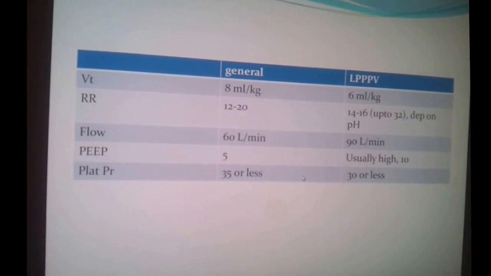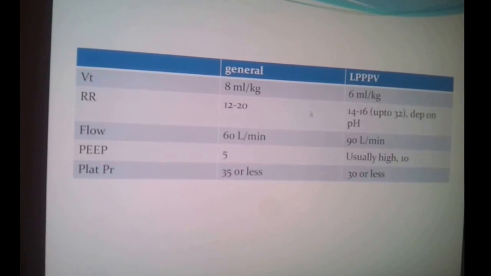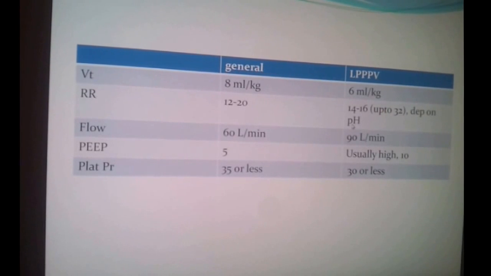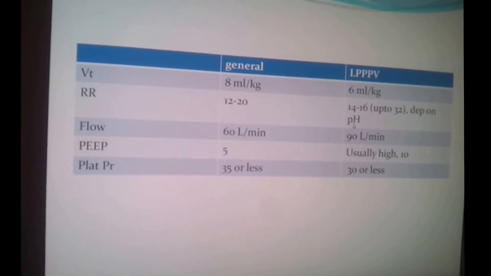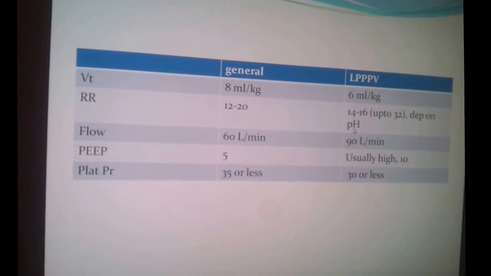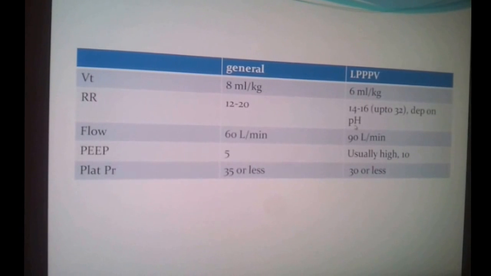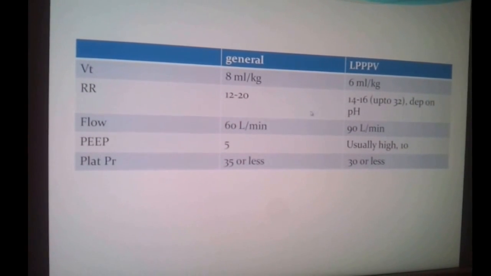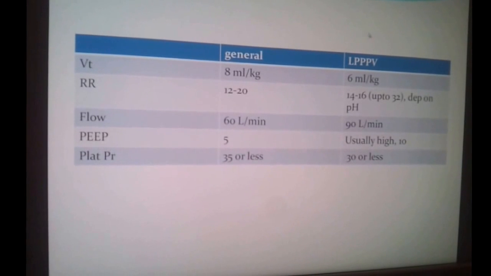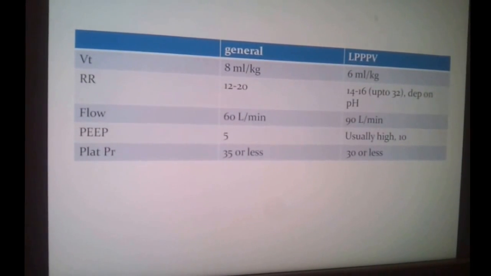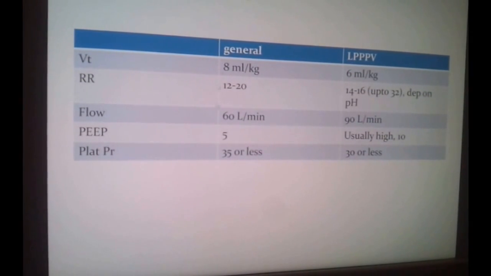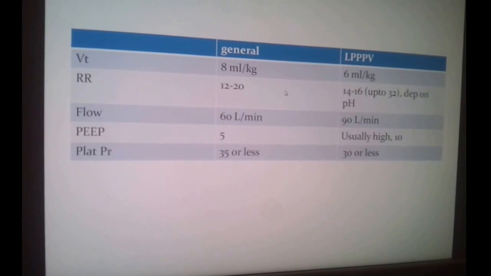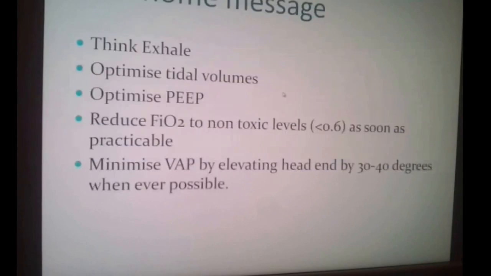It is by no means a protocol. Stick a patient onto whatever you think is appropriate, then go and re-examine them, re-examine their blood gas and titrate accordingly. This is just to give you a guide where to start from. Use the ARDSNet protocol for that sort of thing, whereas for these ones just use this and see how the patient responds and what their lung compliance is like.